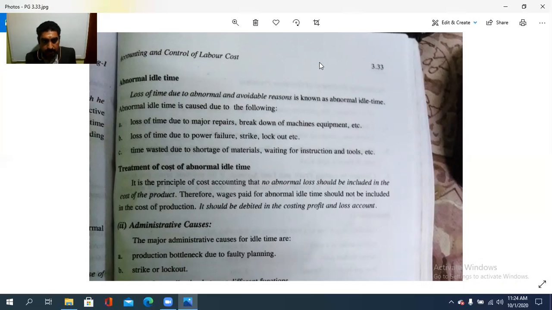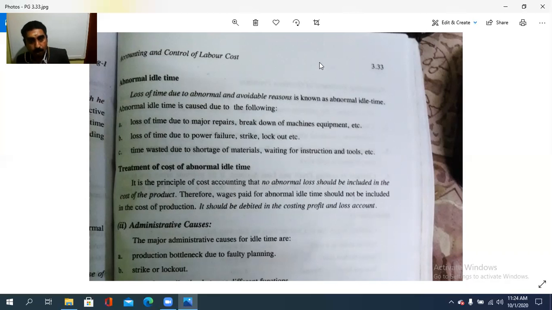Then, so that is which one? Productive causes. ഉൽപാദനത്തിൽ കൂടി വരുന്ന കാരണങ്ങൾ, idle time. അതായത് productive causes, then administrative causes, another one. So productive causes consist of normal idle time and abnormal idle time. Normal idle time means it cannot be avoided, but we can reduce it to a certain extent, while abnormal idle time can be avoided.